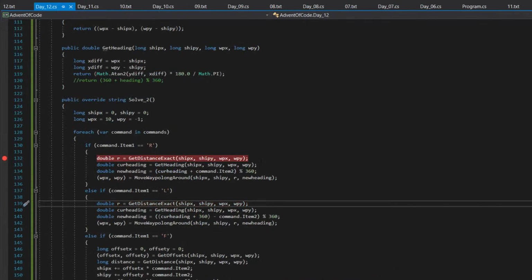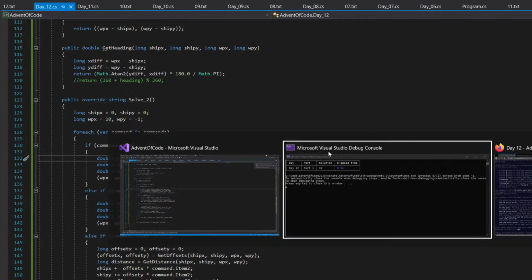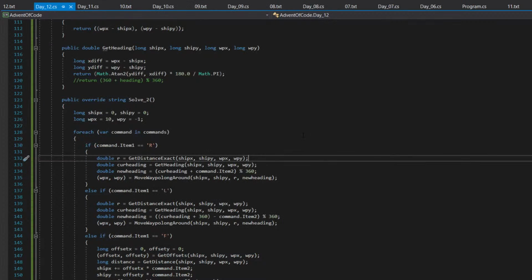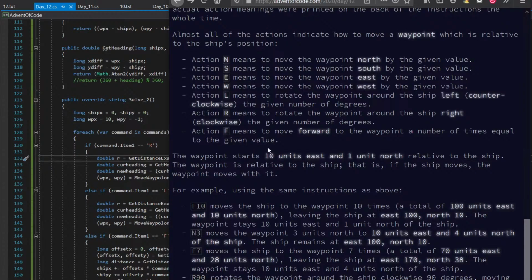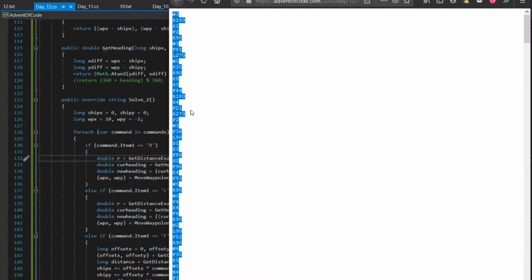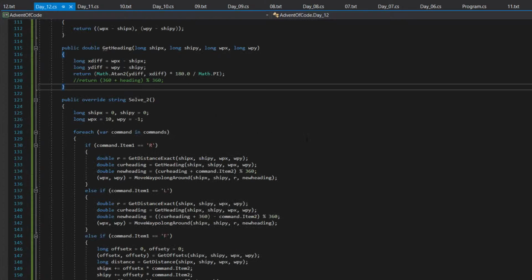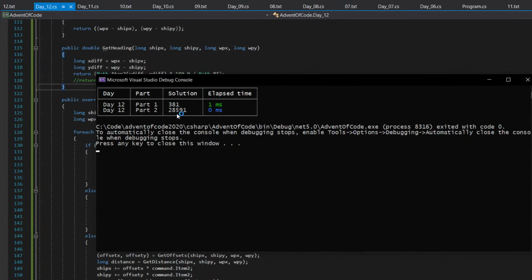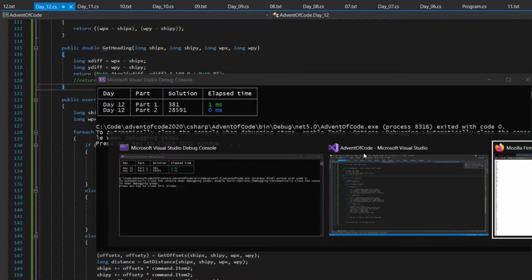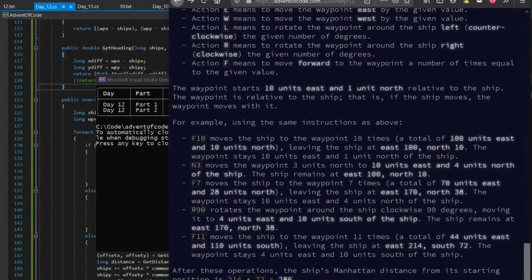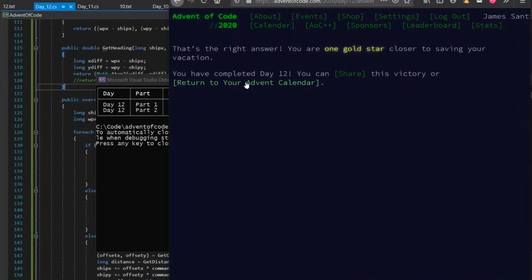That looks good. Darn left. This is why... That looks a whole lot better. Nice. There we go.